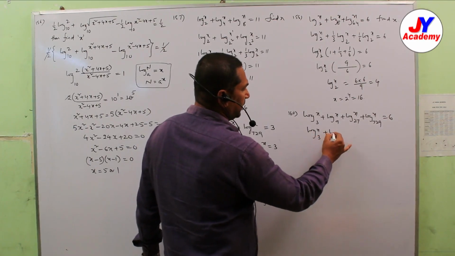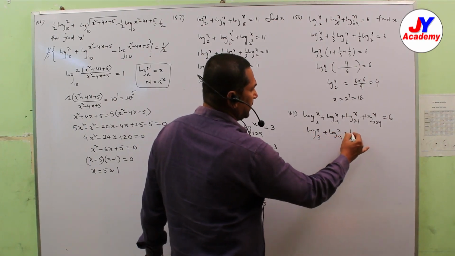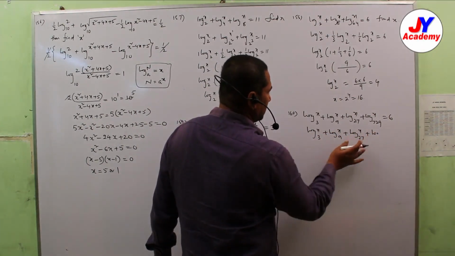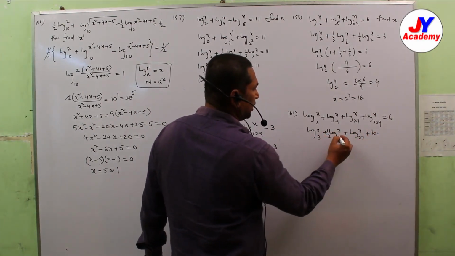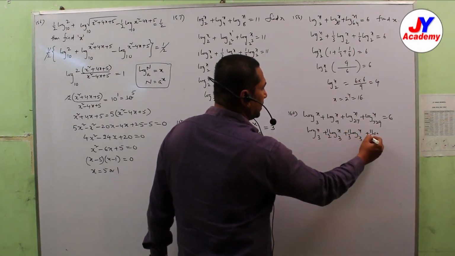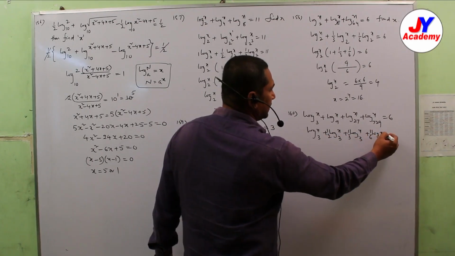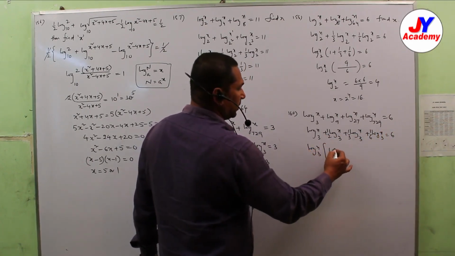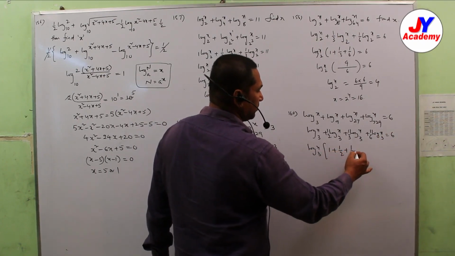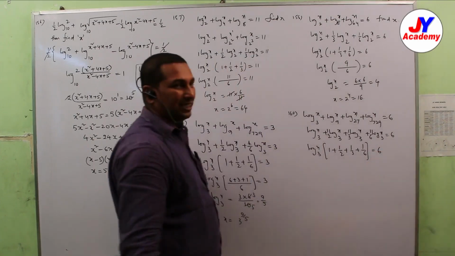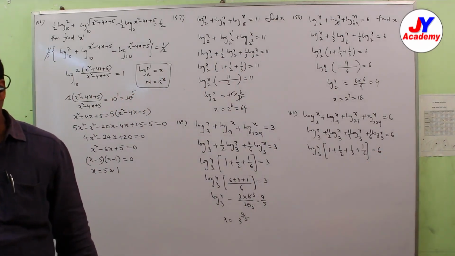Now come to here. Log x base 3 plus log x base 9 plus log x base 27 plus, it is 1 by 2 log x base 3, 1 by 3 log x base 3, 1 by 6 log x is equal to 6. So log x base 3 of 1 plus 1 by 2 plus 1 by 3 plus 1 by 6 is equal to 6. What about 6? Perfect number.